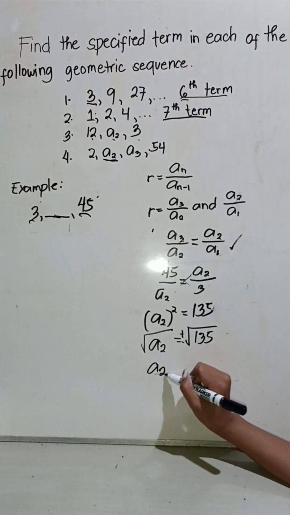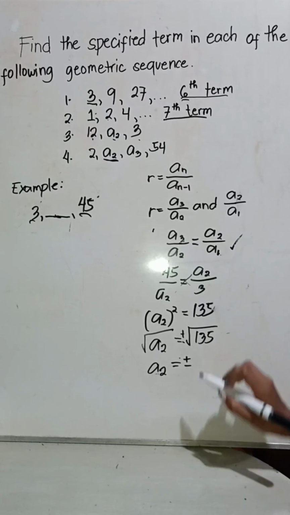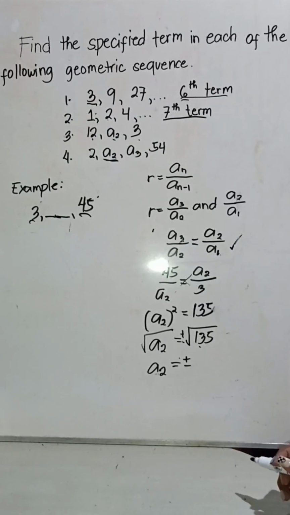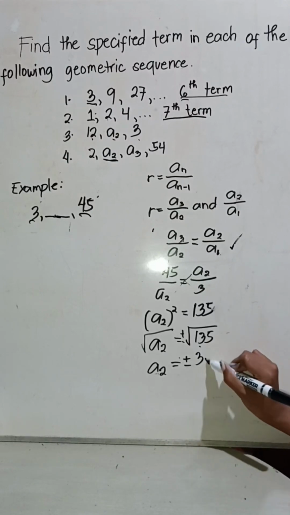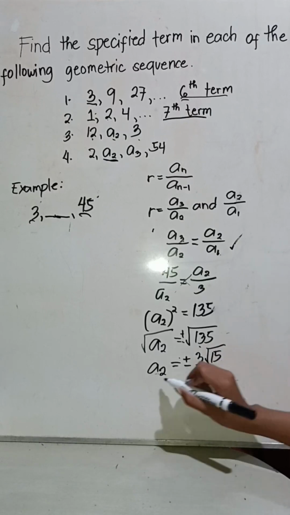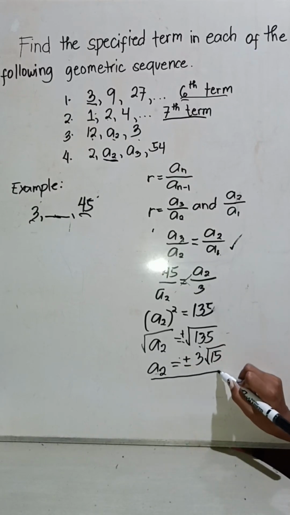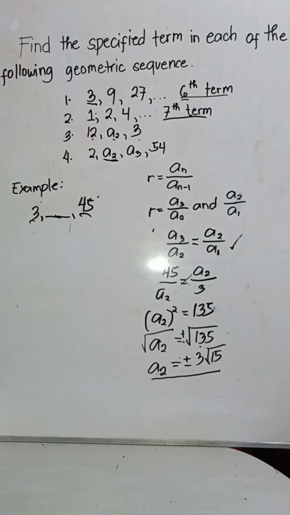We have A sub 2 is equals to positive, negative. The square root of 135 is equals to 3 square root of 15. So, therefore, this is our second term.